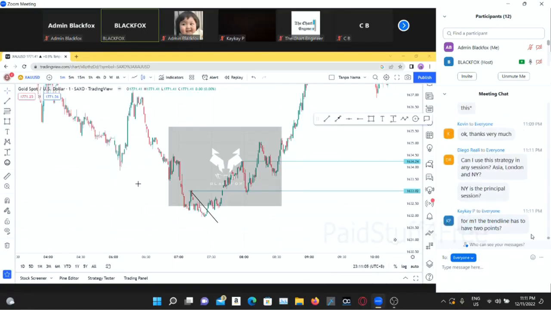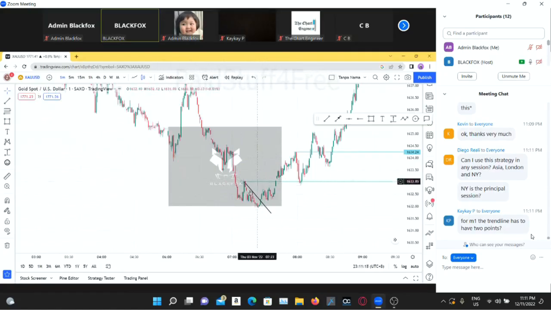For M1, the trend line has to have 2 points. Yep, that's true, M1 has to have 2 points. This one, 2 points. But we use the shadow, okay?